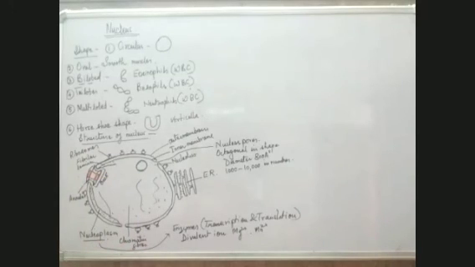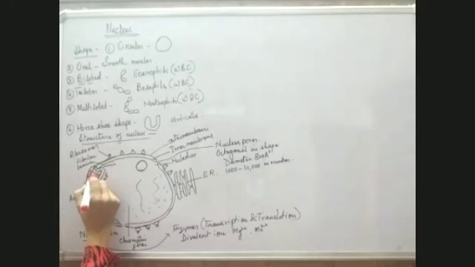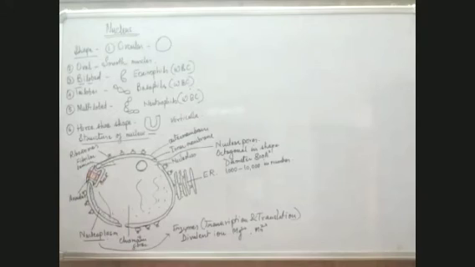Only this is the place through which substances come out, and this is filled with a substance. A gel-like substance is present inside this structure, and this gel-like substance is known as nucleoplasmin.